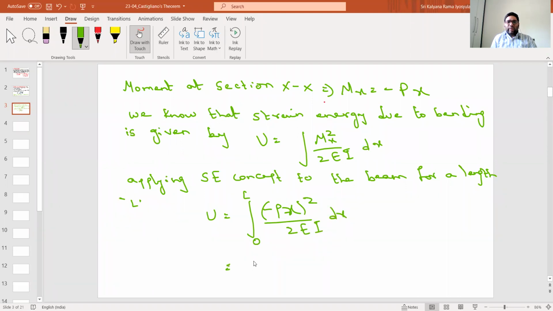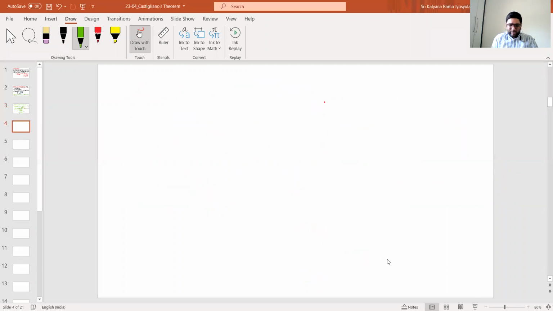That gives integral 0 to L of P square by 2EI into x square dx, which is P square by 2EI times integral 0 to L of x square dx.